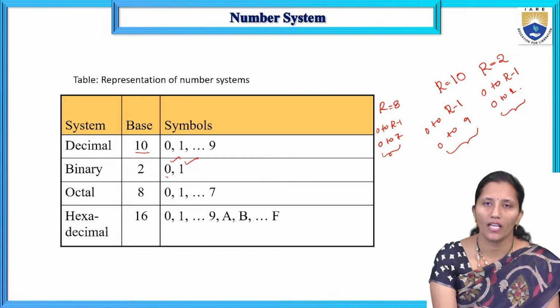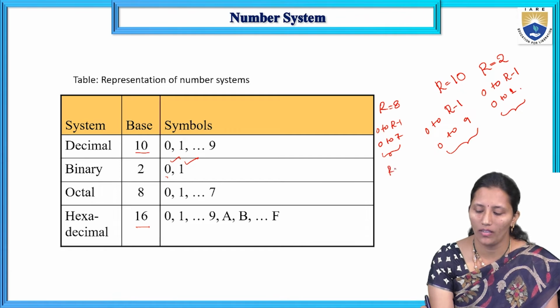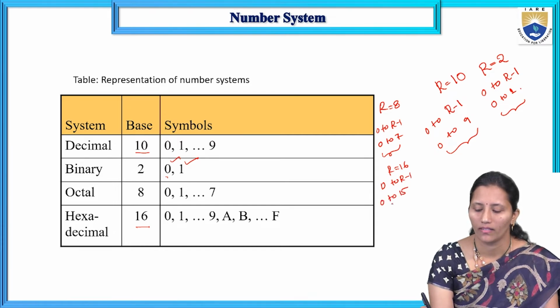Okay. Hexadecimal, the base is 16. So here r is equal to 16, and it is 0 to r minus 1, that is 0 to 15.